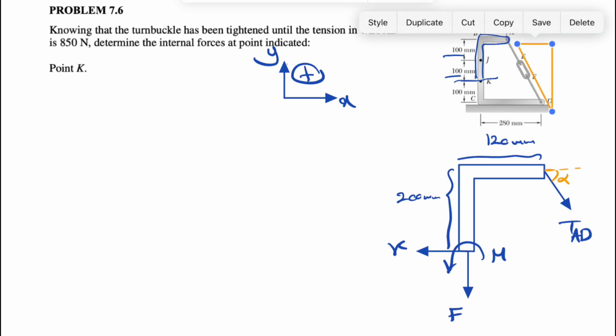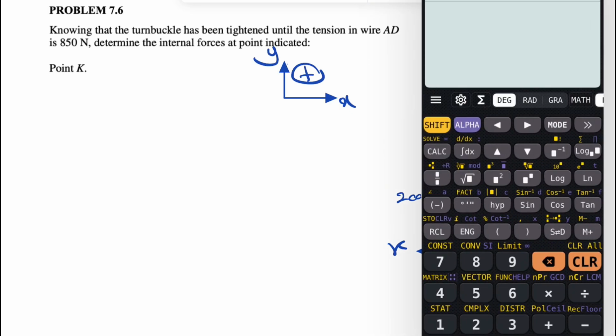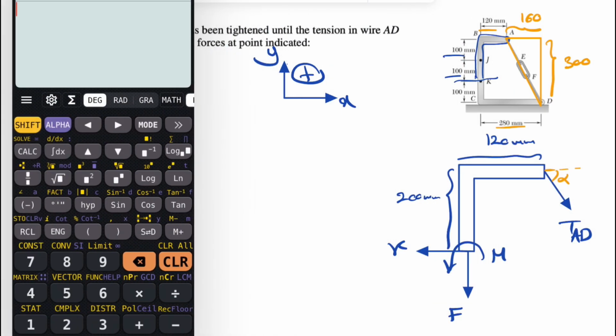Actually it's not that hard to find that angle. We have this right triangle here where this side is 280 minus 120, which will be 160, and this one would be 300. So if we use the Pythagorean theorem, we can find AD, which will be the square root of 160 squared plus 300 squared.